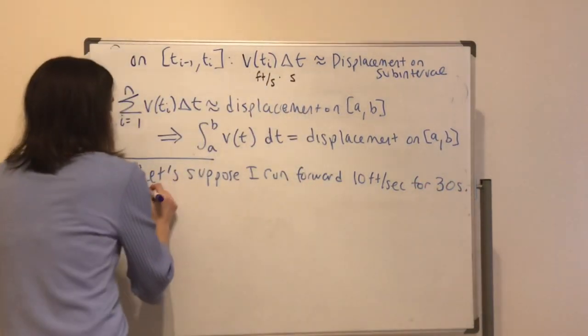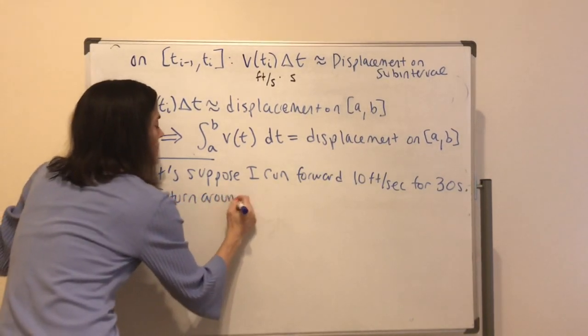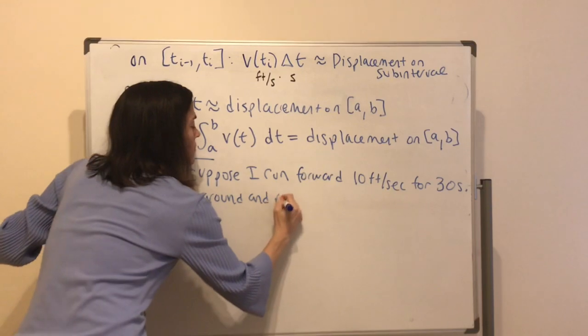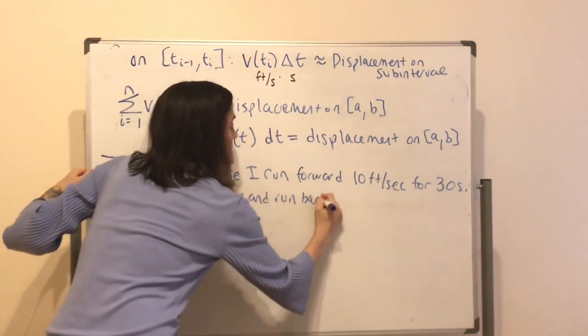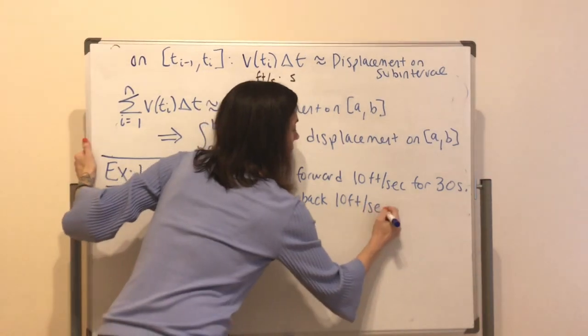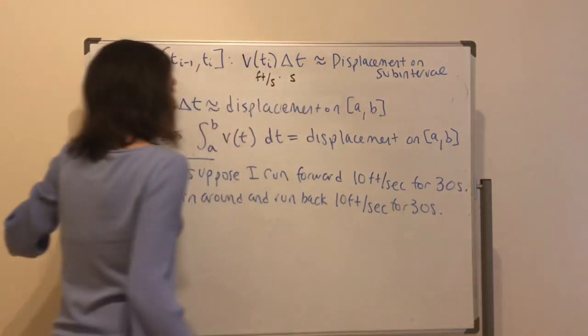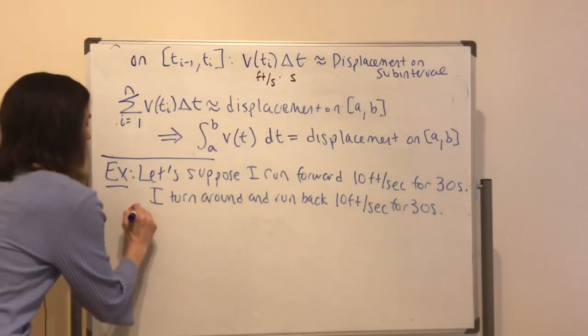Then I turn around and run back at the same pace, and this is constant. Okay, and the question is, how far did I run?